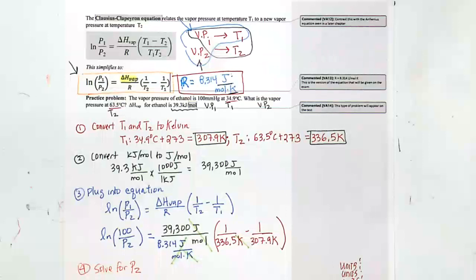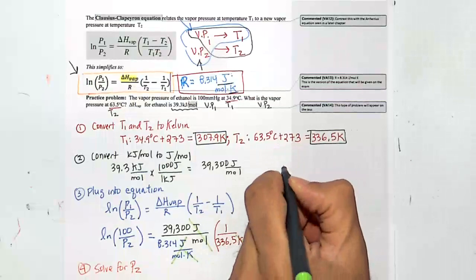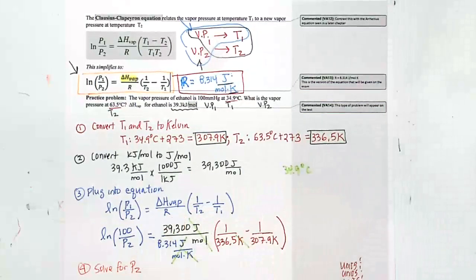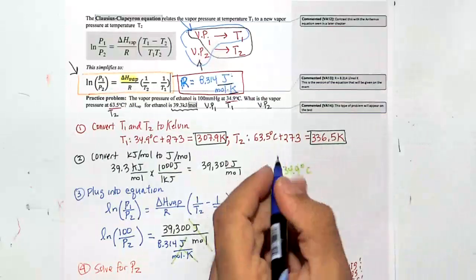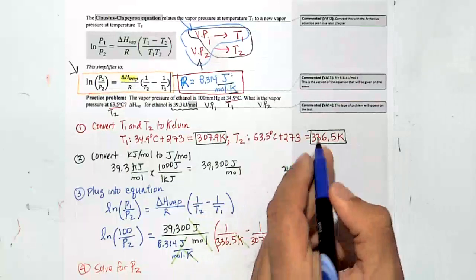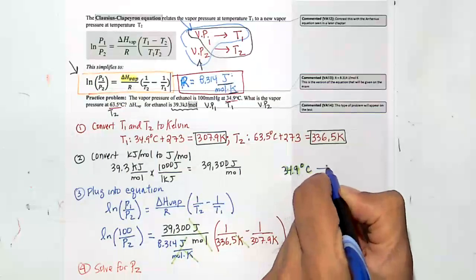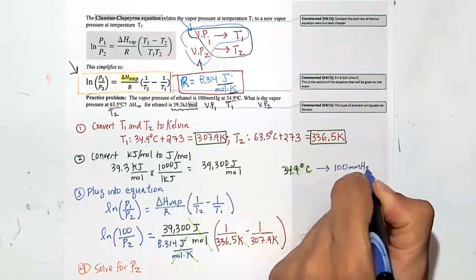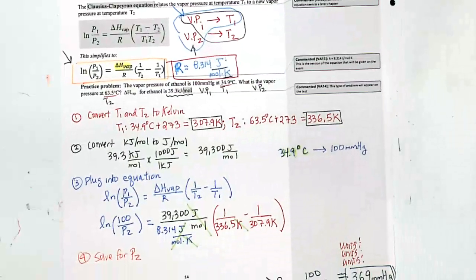I just want to show you one thing here before I leave this problem. At 34.9 degrees C, ethanol has a vapor pressure of 100 millimeters of mercury.